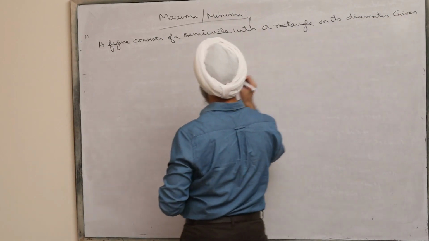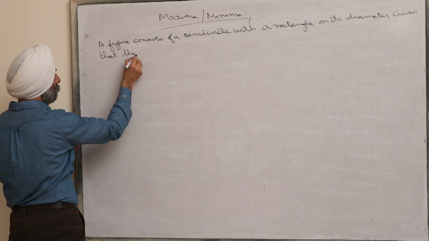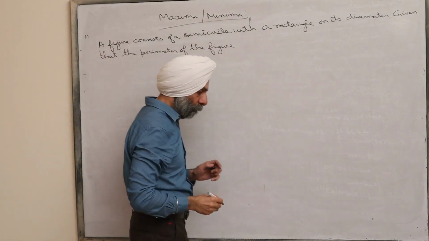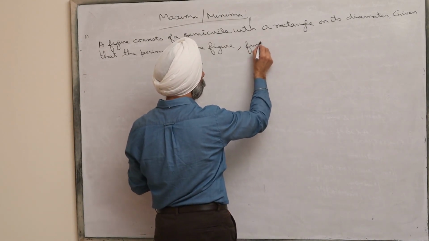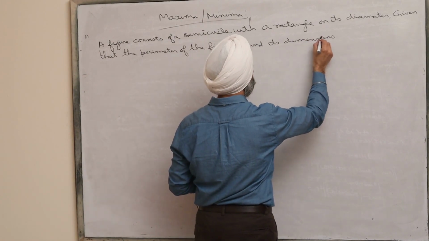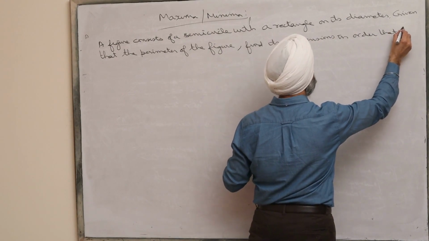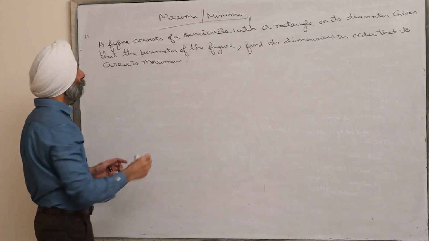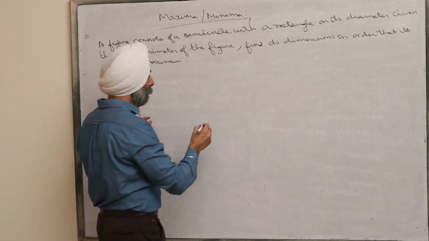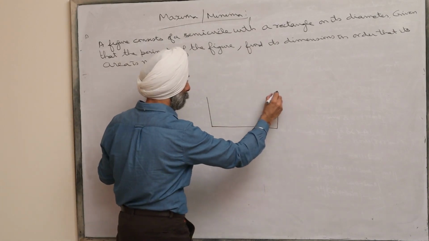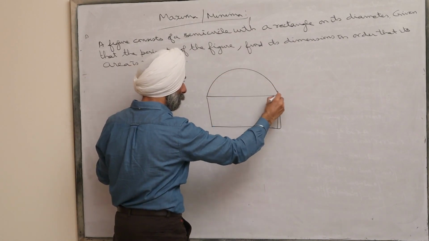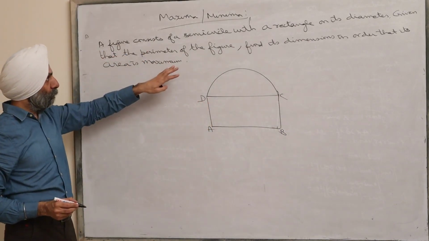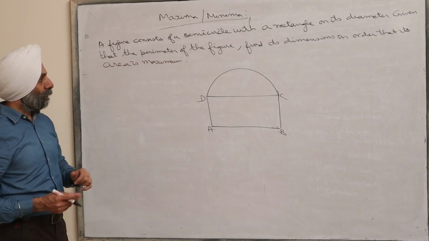Given that the perimeter of the figure is constant, find its dimensions in order that its area is maximum. A figure consists of a semicircle with a rectangle on its diameter. Now you can see here, this is the rectangle and this is your semicircle here. Now this is the figure ABCD.